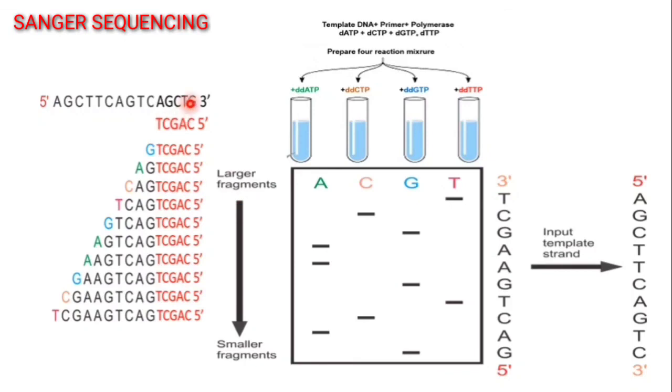This is our original template strand. When we run the gel and autoradiography, we identify the sequence G, A, C, T, G, A, G, C, T, and its complement will be our given DNA template. This is Sanger's method of sequencing.